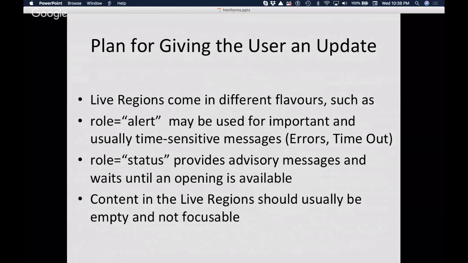They're usually time-sensitive messages. Could be for errors, could be for a timeout. They're critical. They may make a system announcement to the user to let them know that something really needs attention at this point. It'll interrupt the flow of what the user is doing and really should be used rarely. Now, the next one will be coming from a role of status.